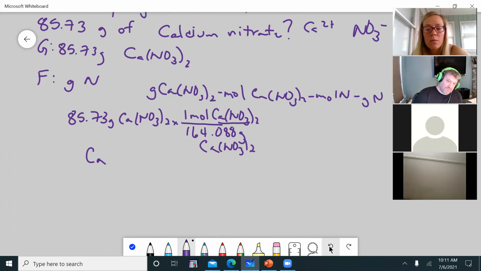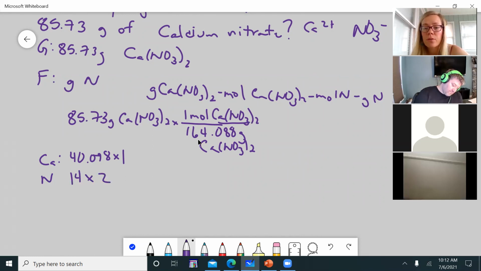Okay, so we've got a calcium. Move that over a little bit. Which is 40.078, and there's one of them. Nitrogen, we can round that to 14. So nitrogen, we've got a molar mass of 14, and we have a total of 2 of those.